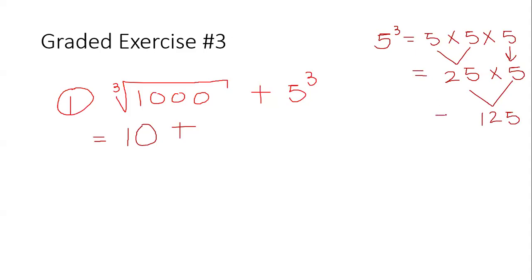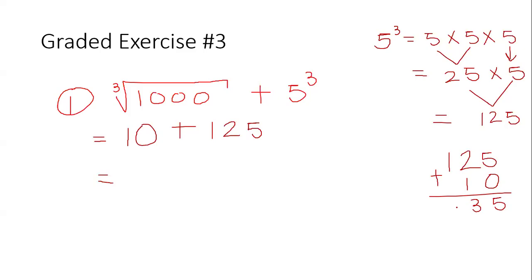And then 125 plus 10 is equal to what? With that one, I just look at it and know the answer. 5 plus 0 is 5, 2 plus 1 is 3, 1 is 1.